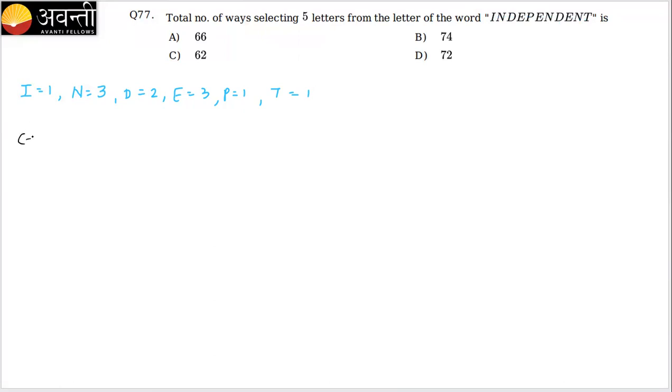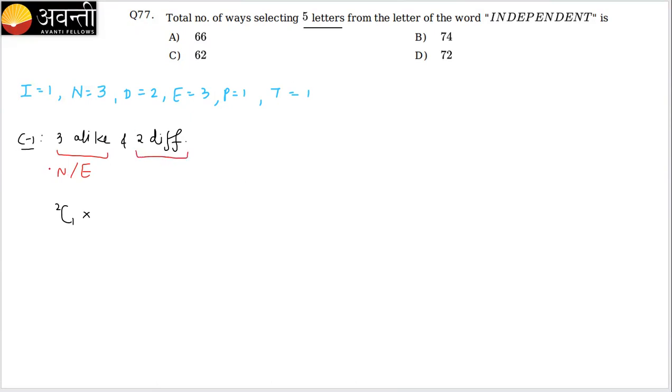So let's start with cases. Case 1: we have to select 5 letters, with 3 alike and 2 different. Here 3 alike means 3 letters are alike, so I need to select out of N or we can select it from E. So the number of cases for 3 alike is 2C1, multiplied by the 2 different.